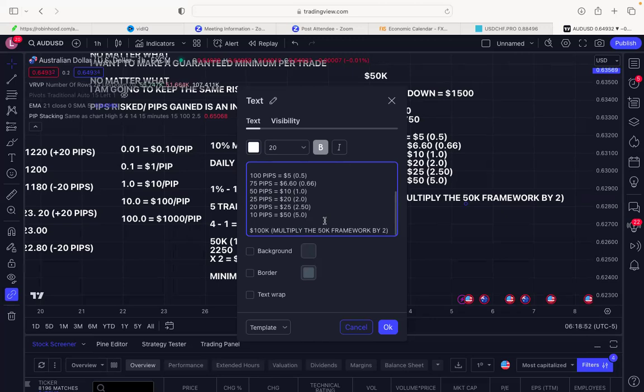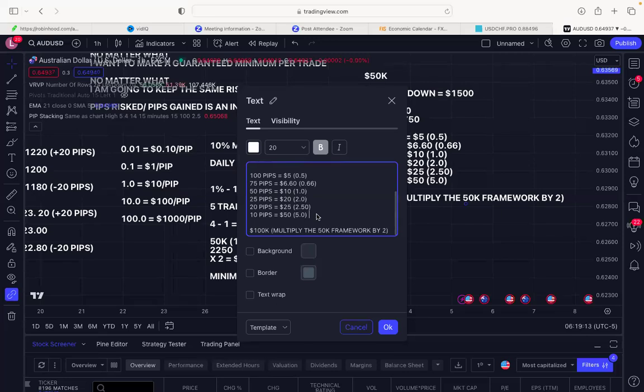The more pips that you gain, it's now just an incentive. So now let's say we only risk 10 pips, but we gain 20, that's a 2-to-1 trade now. That means I'm still risking $500 with a 5.0 lot size. But guess what I'm doing? I'm gaining 20 pips. So that's going to give me a chance to make $1,000. All right.